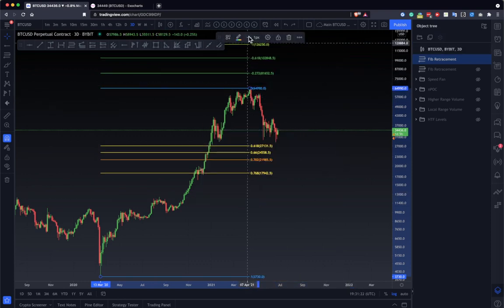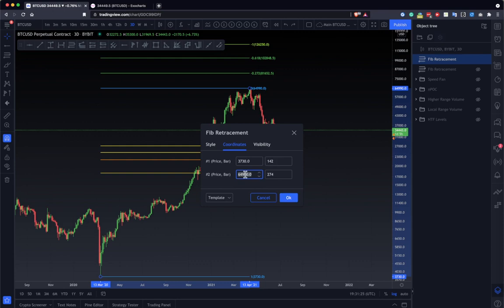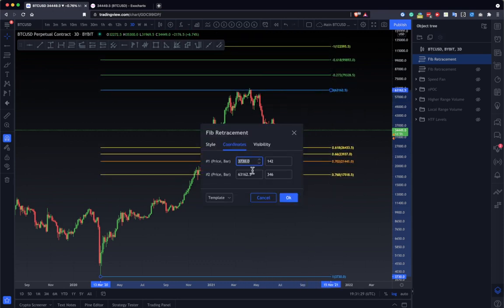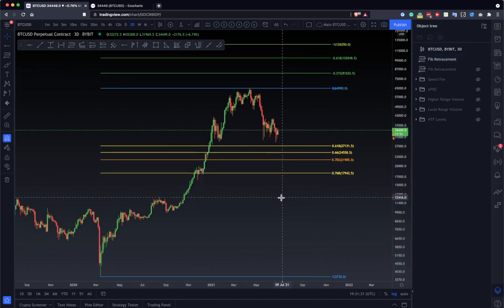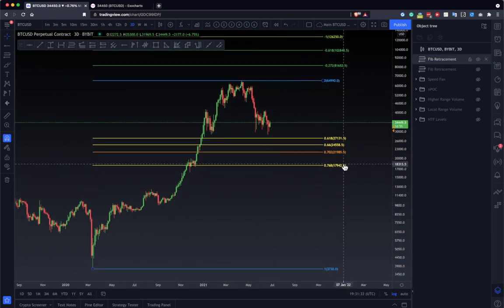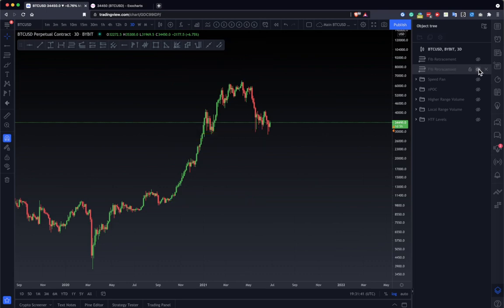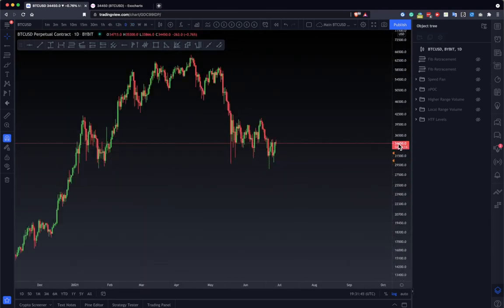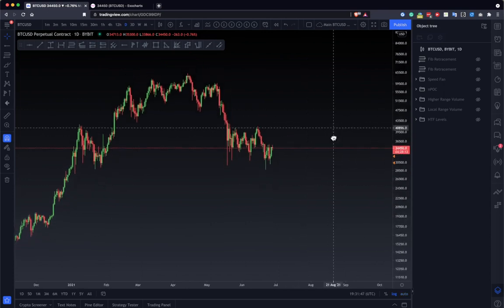What was the line? We also have this one.